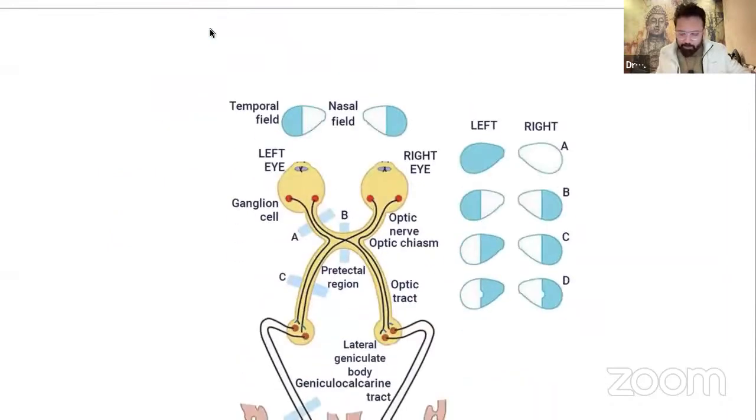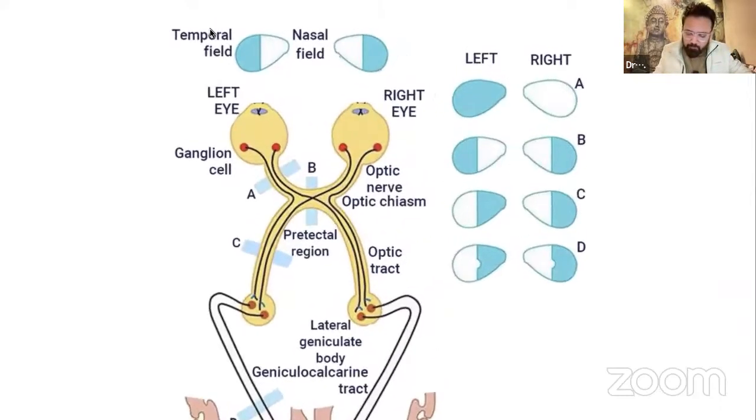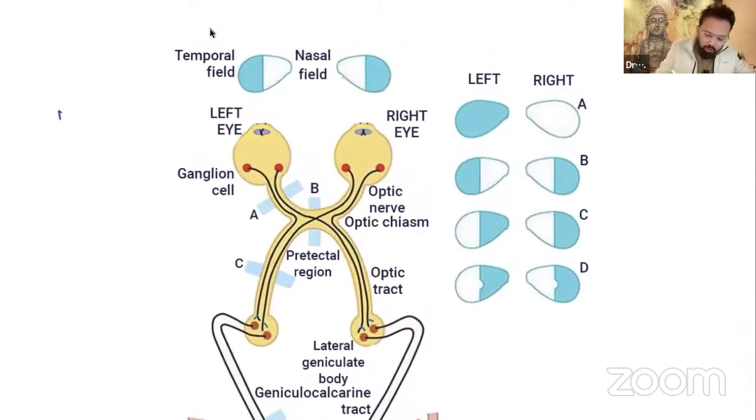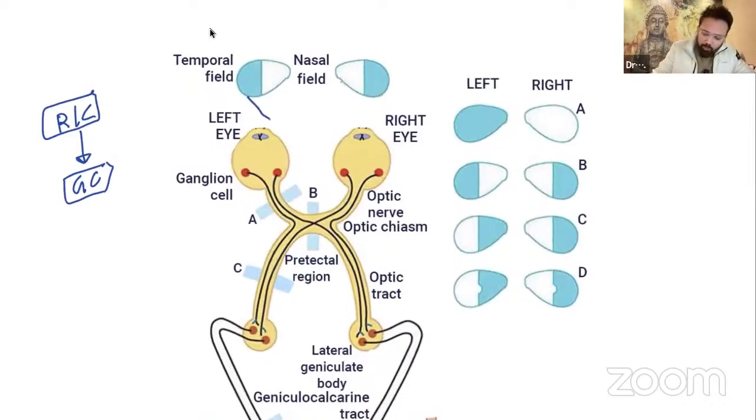Okay. And the second pathway is your vision by which you are seeing me. So this will start from your rod and cones. Of course, it will be taken by ganglion cell. But the receptors are where? Where are the receptors, doctor? Answer is rod and cone, rhodopsin and photopsin. You know, this is your temporal field.